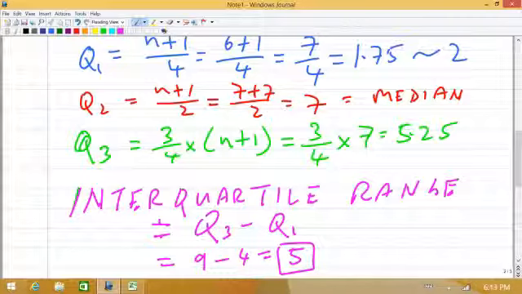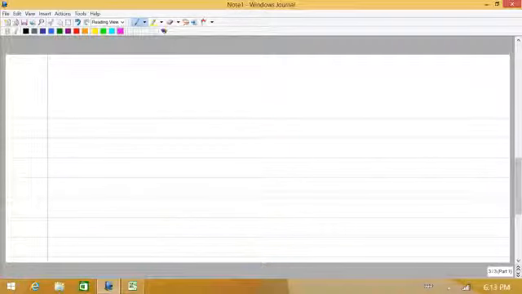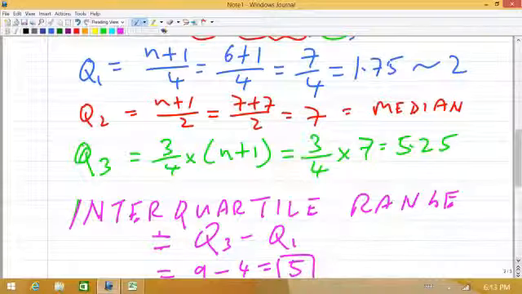In addition to that, there is another thing that we also look at, which aids our descriptive statistics. It's called the 5-number summary.